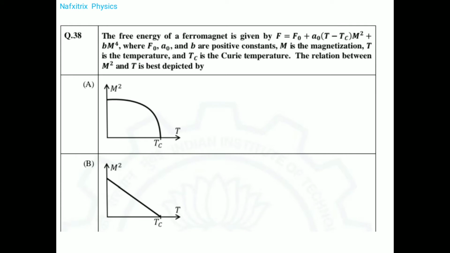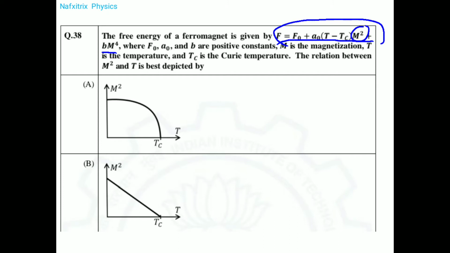The free energy of a ferromagnet is given by this expression, which depends on temperature and magnetization, where F naught, A naught and B are positive constants. All of them are constants.